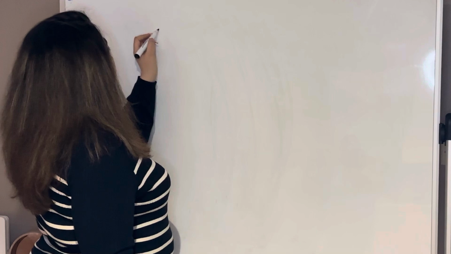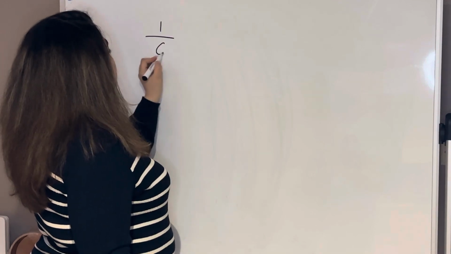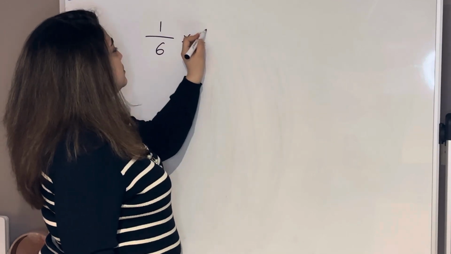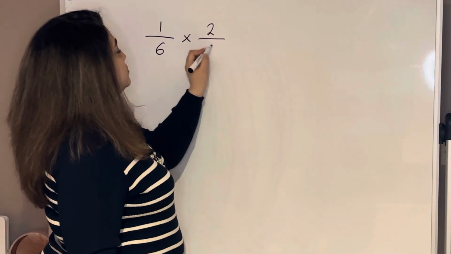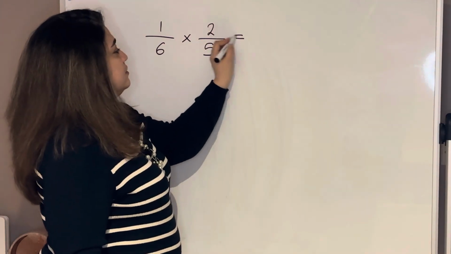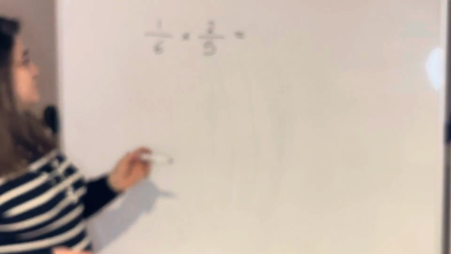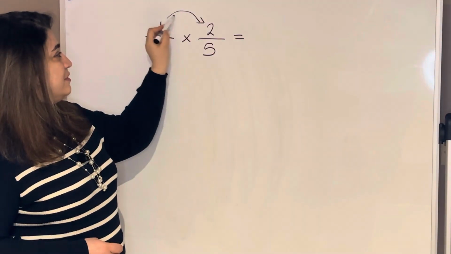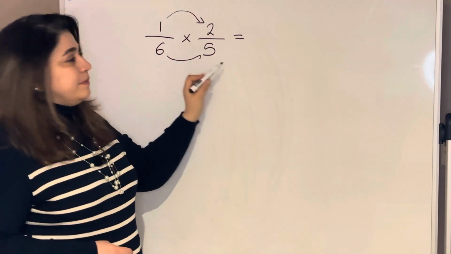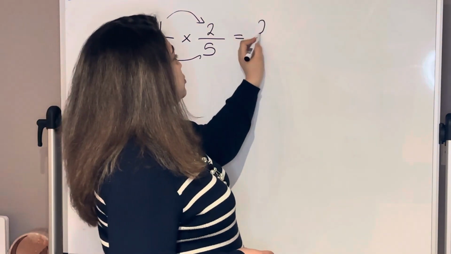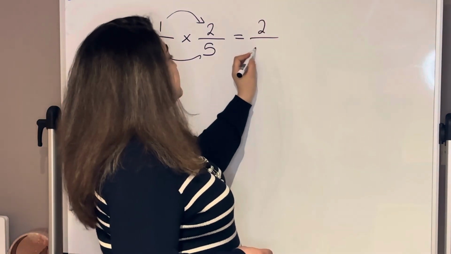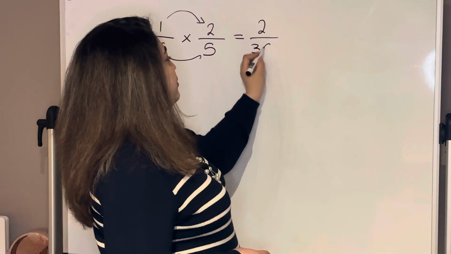So for example, 1/6 times 2/5. Times is the easiest one. You just need to times the top and times the bottom. So 1 times 2 is 2. 6 times 5 is 30.